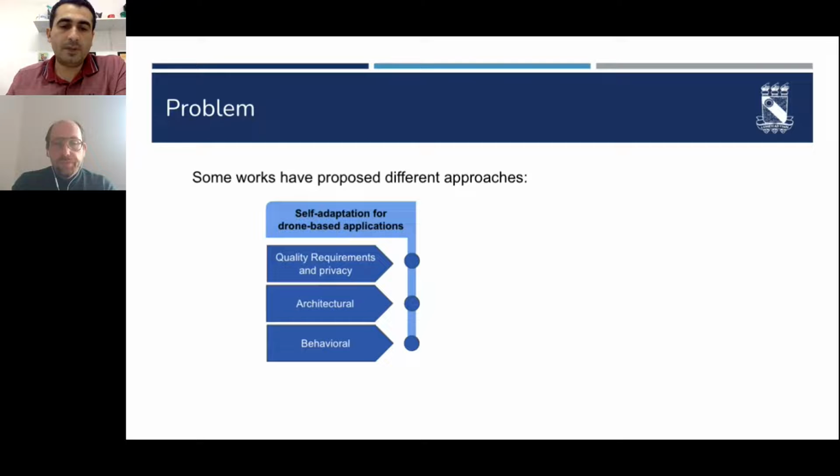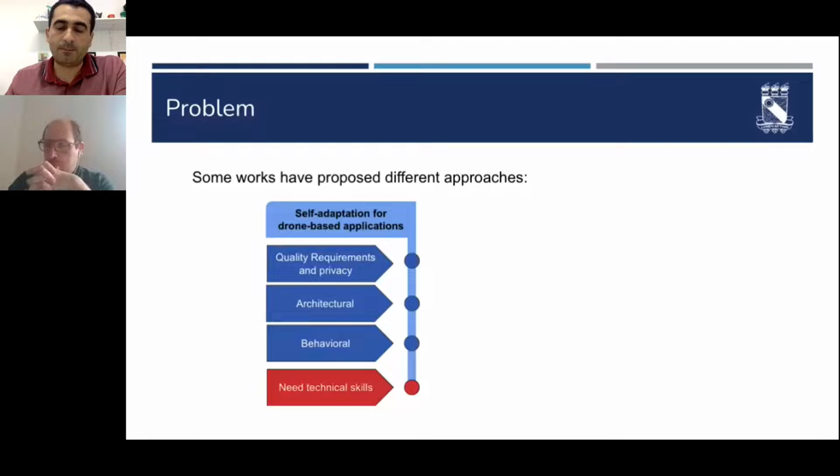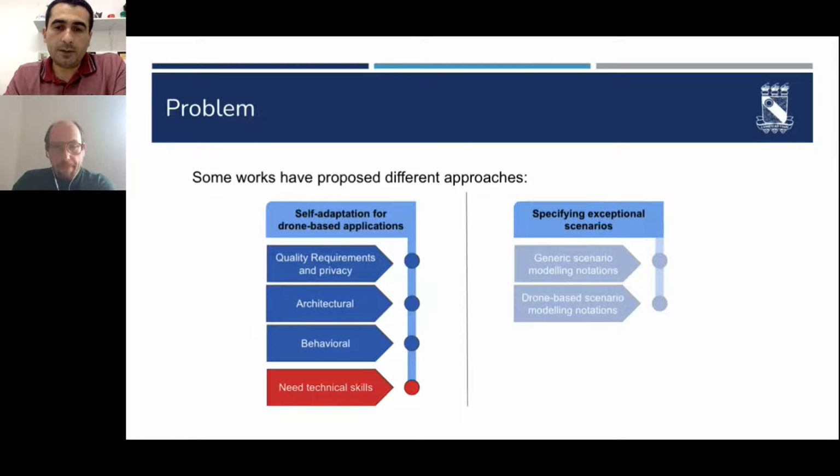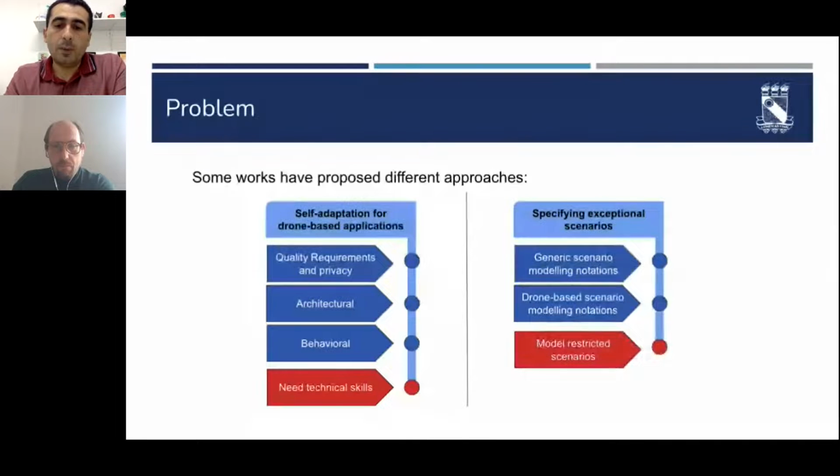All of them need technical skill from the developer or the user who is developing the application. On the other hand, we can specify exceptional scenarios for drones, but even if we use a generic modeling notation or a drone-based modeling notation, the literature shows very restricted scenarios that can be modeled.